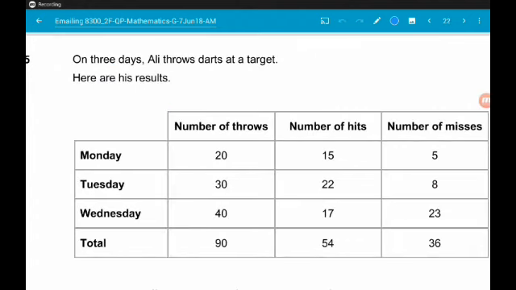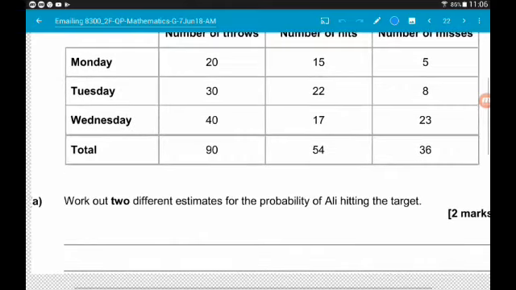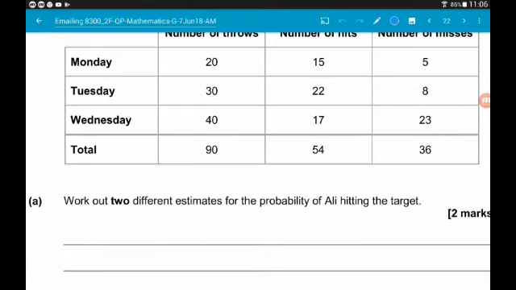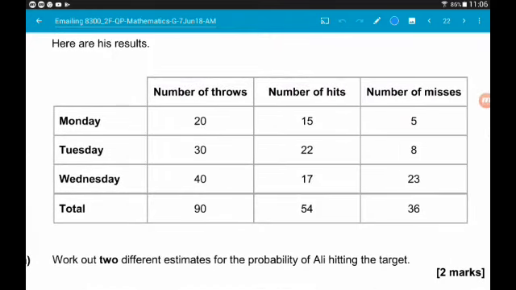Question 5. On 3 days, Ali throws darts at a target. We've got his results in the table. Part A asks us to work out 2 different probabilities for the probability of Ali hitting the target. So we're going to use relative frequency here. Let's go on Monday.